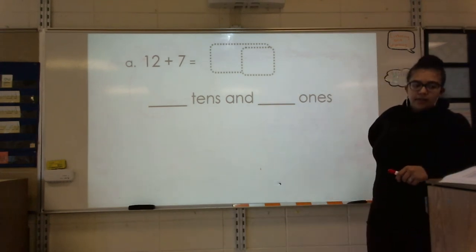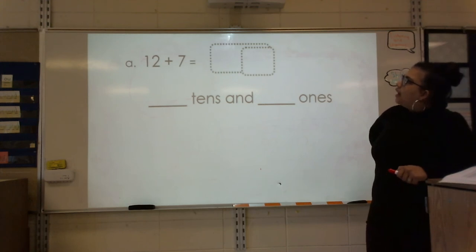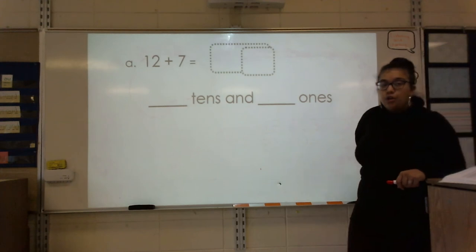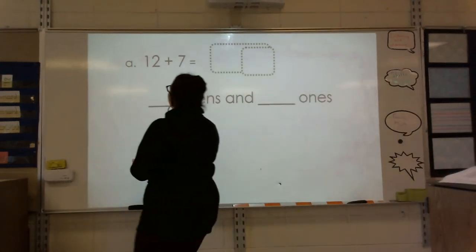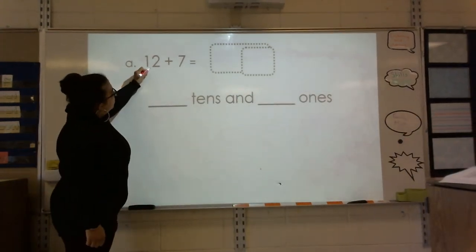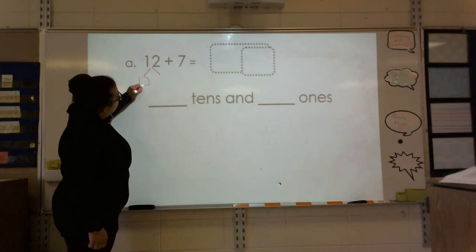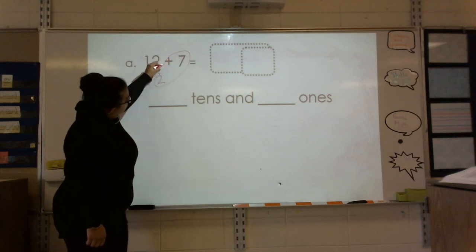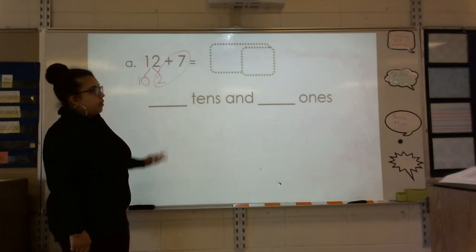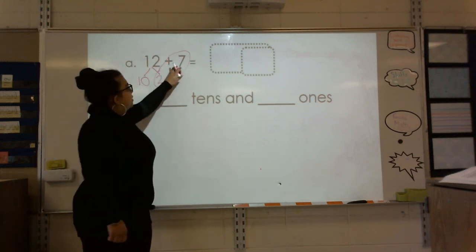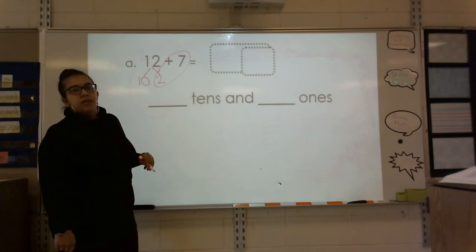Let me think about it for a second. I want to make a group of 10, and I want some 1s. So I'm going to move pieces around to make for an easier problem. This is 10 and 2. Let's add the 7 and the 2, and then we have the 10. So 7 and 2 is how many ones?